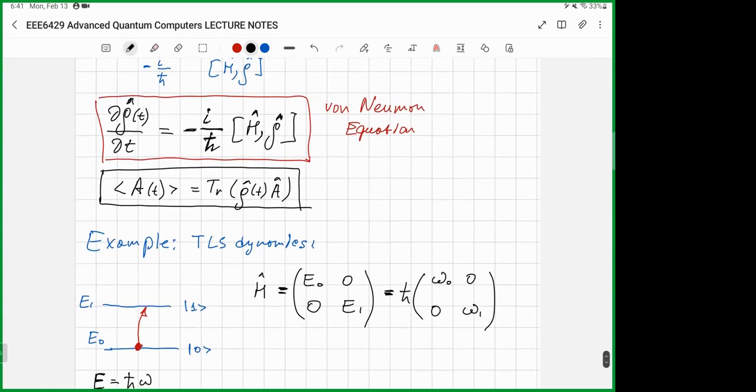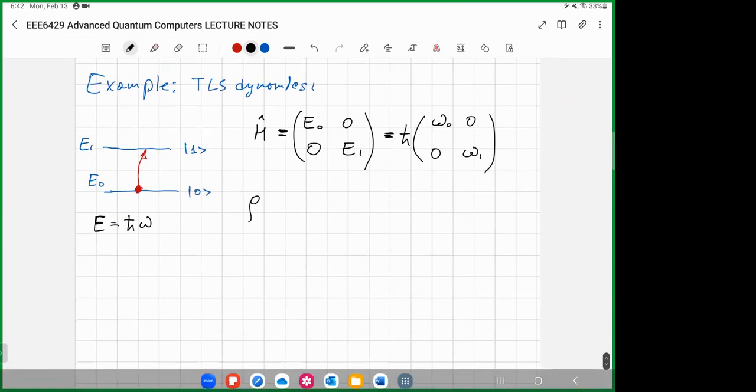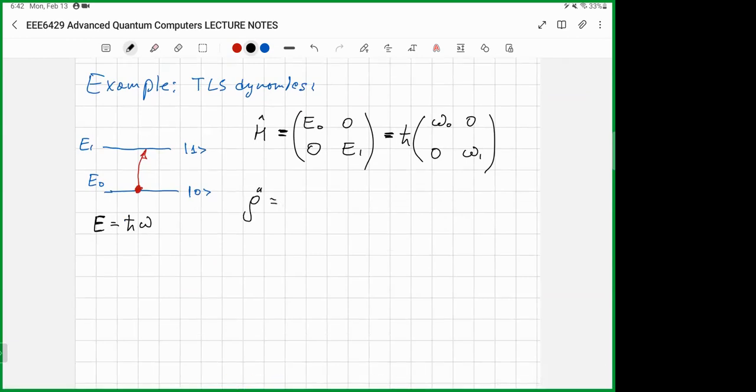So this is the Hamiltonian. The next step, we need to calculate the density matrix. So let's write this density matrix of a two-level system in the general case of a pure quantum system. It is c0 modulus squared here, then c0 c1 complex conjugate, then c1 c0 complex conjugate, and c1 modulus squared.